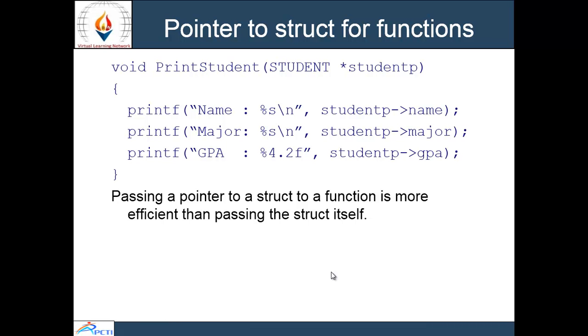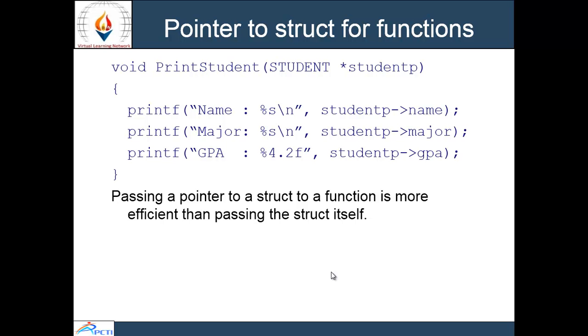We can use pointers with structures and functions. Here void print student is the function where I am sending the argument like a reference. For example, star student p is the address of a structure, that is student.